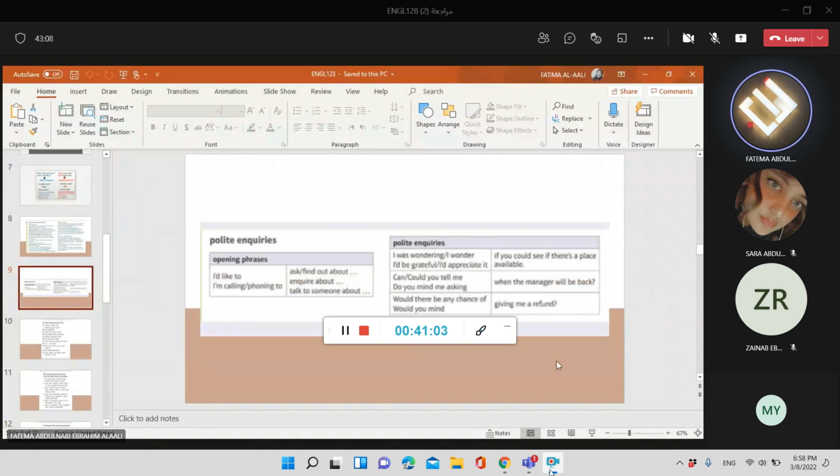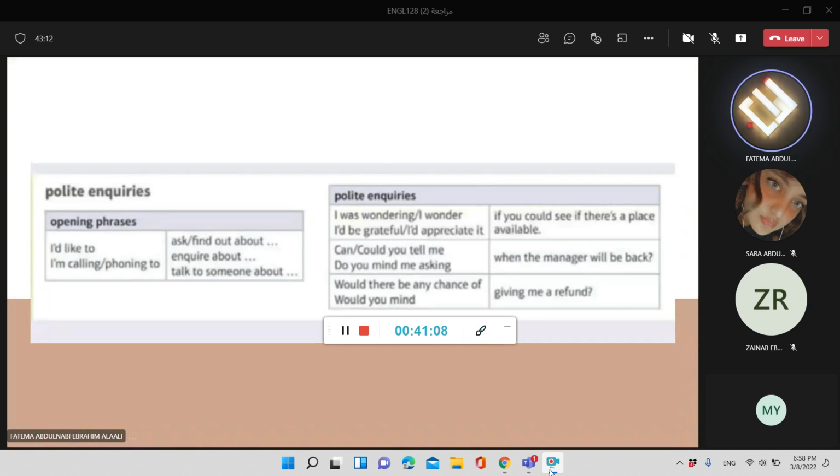And before we start the exercises, for polite inquiries, the opening phrases, we repeat the phrases that we use when we want to be polite, like I would like to, I am calling, phoning to, ask, find out about, like I would like to ask. I would like to inquire about.